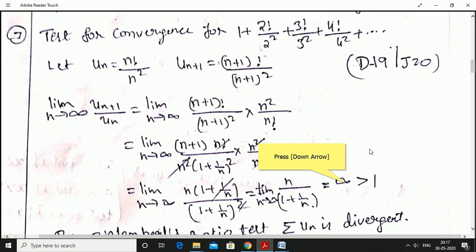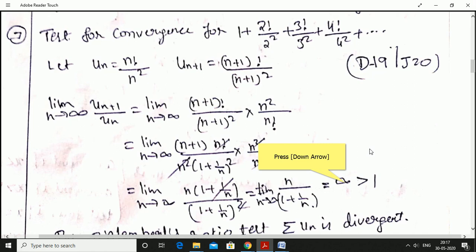That is equal to limit as n tends to infinity, un plus 1, that term written as it is, n plus 1 factorial divided by n plus 1 whole square, divided by un, we make it into and take the reciprocal of the un term, it is n square divided by n factorial.